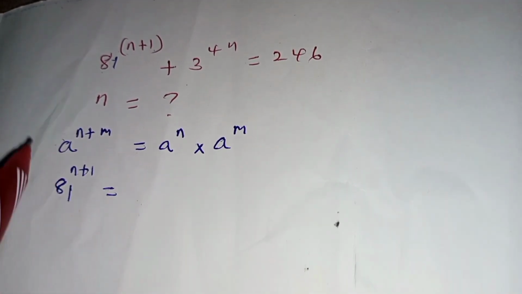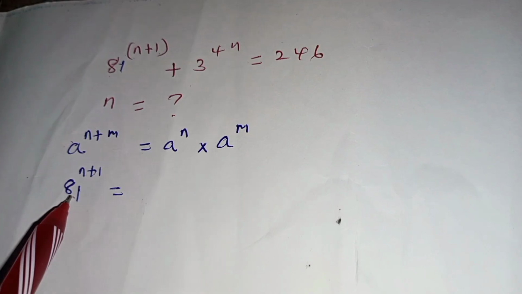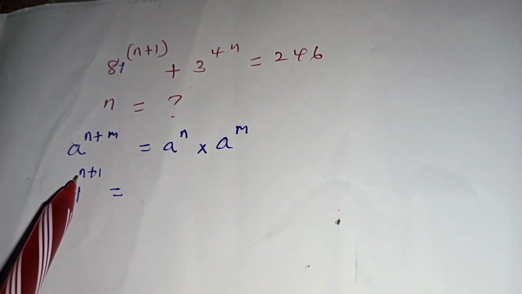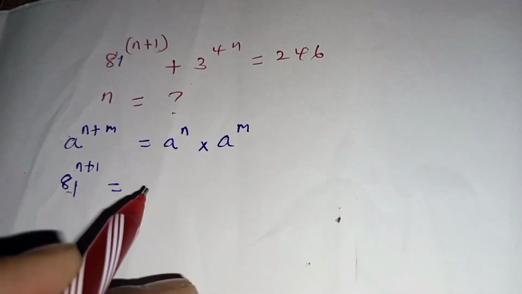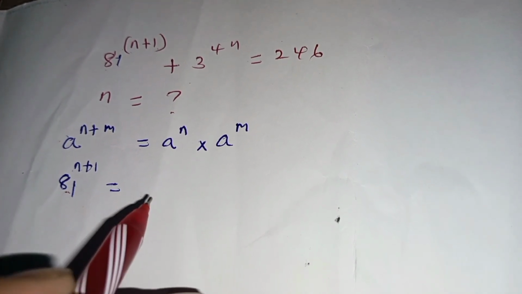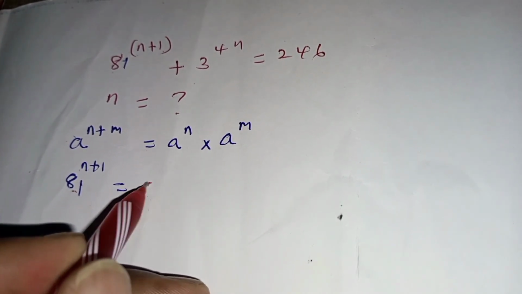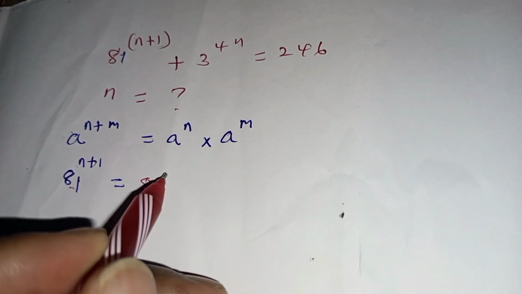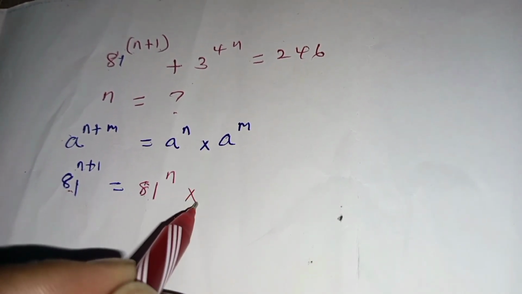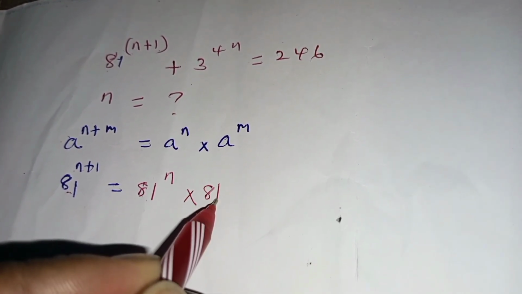In our case, our base is 81, our n is n and our m is 1. So 81 to the power of n+1 can be written as 81 to the power of n multiplied by 81.